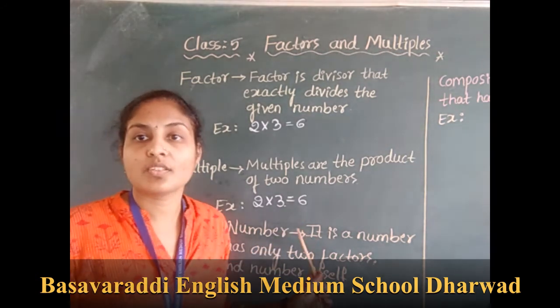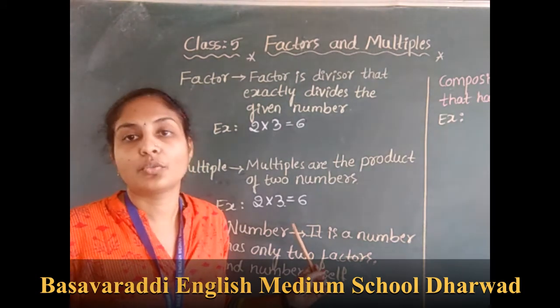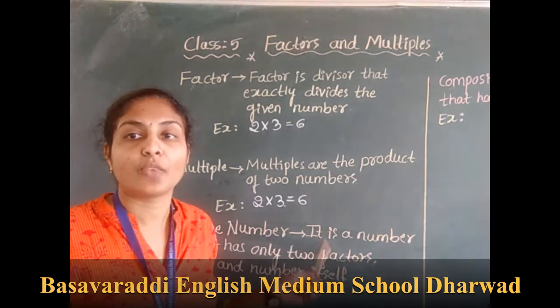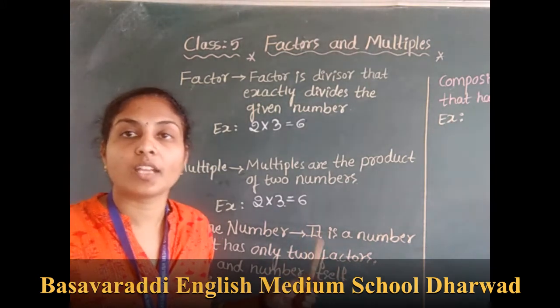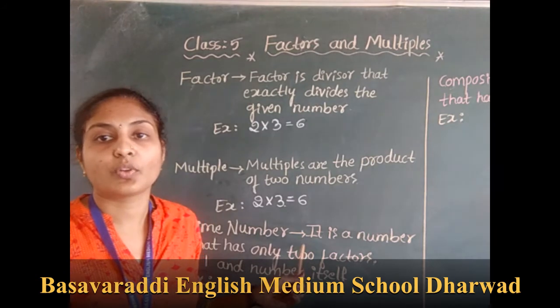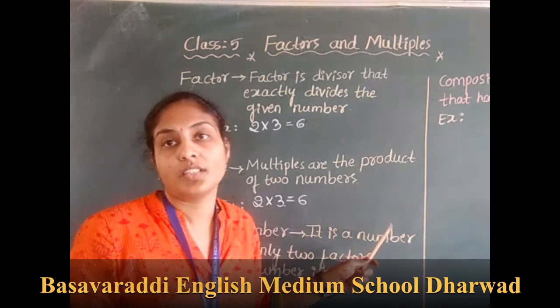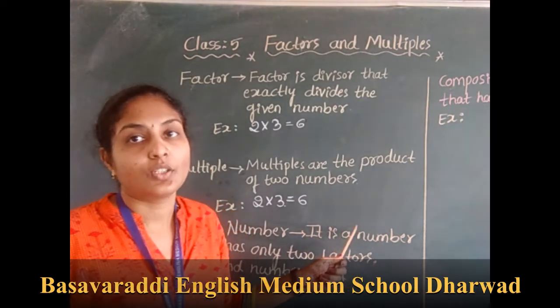When 2 is multiplied with 1, 2, 3, 4, 5 and so on, we obtain a table of 2. The products 2, 4, 6, 8, 10 and so on are the multiples of 2.